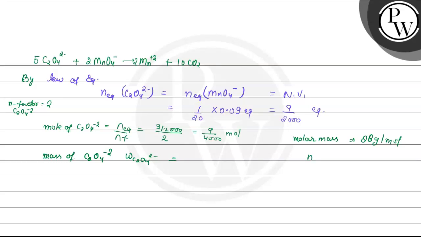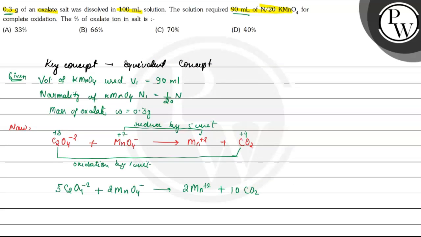We know moles is equal to weight upon molar mass, so weight is equal to number of moles into molar mass, which is 9 by 4000 into 88, and it comes out to 0.198 gram. This is the weight we calculated, and in the question we have 0.3 gram of oxalate given.